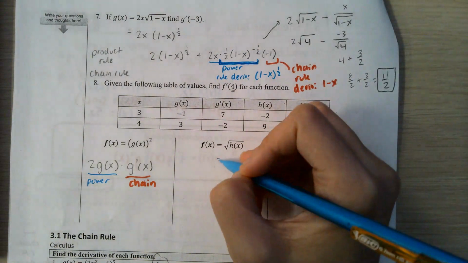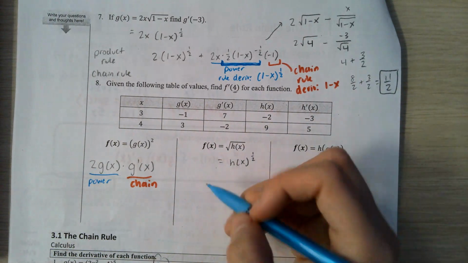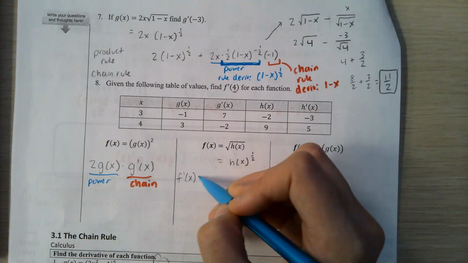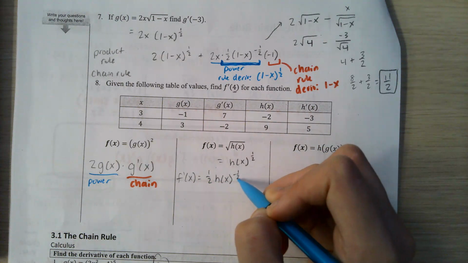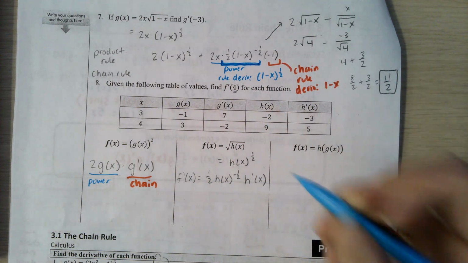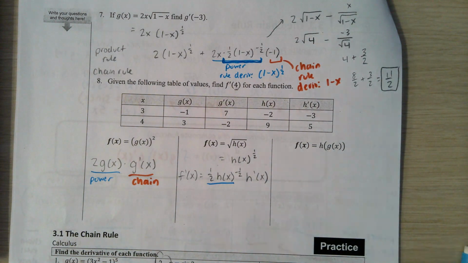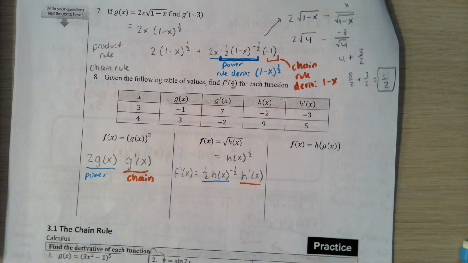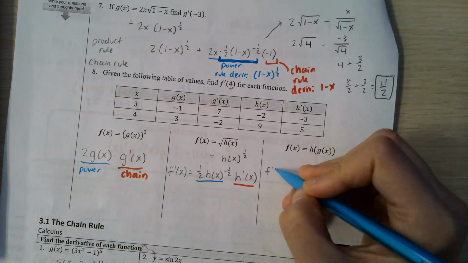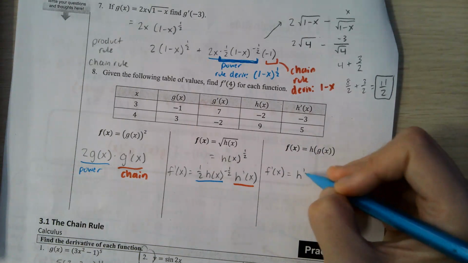So this one I'm going to rewrite as h of x to the 1/2, and then I'm going to take the derivative, power rule, chain rule. And then here we have power rule, h prime of g to the x.